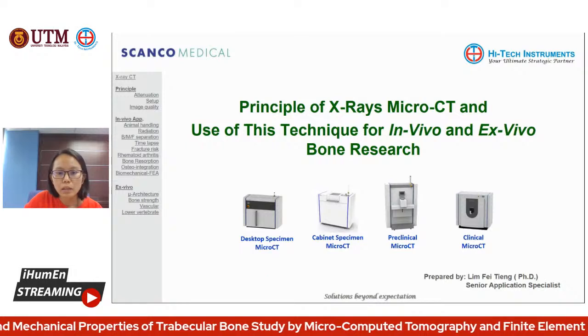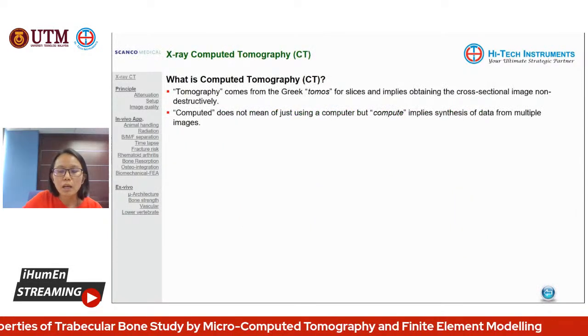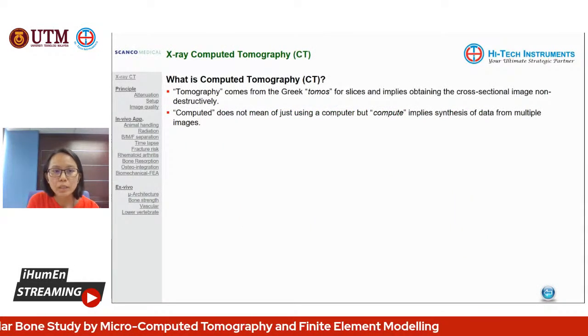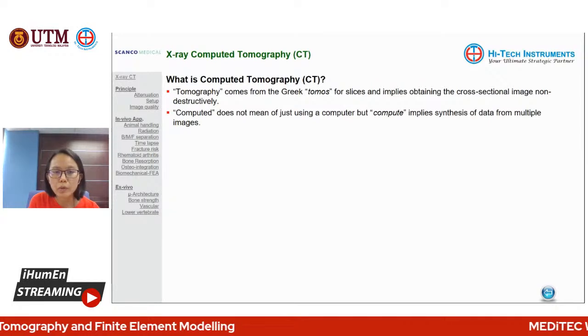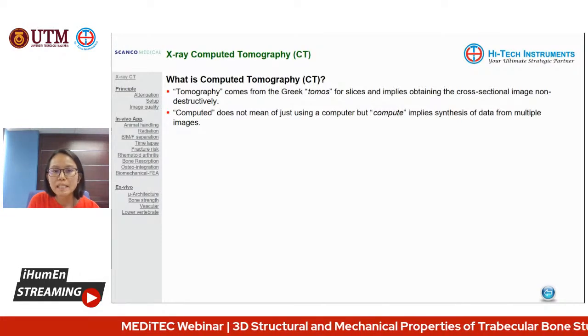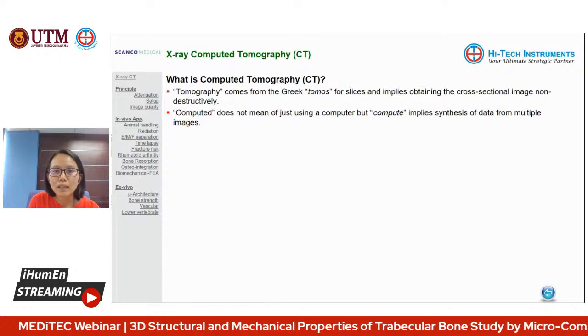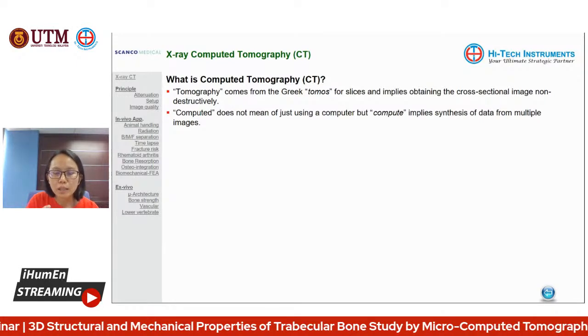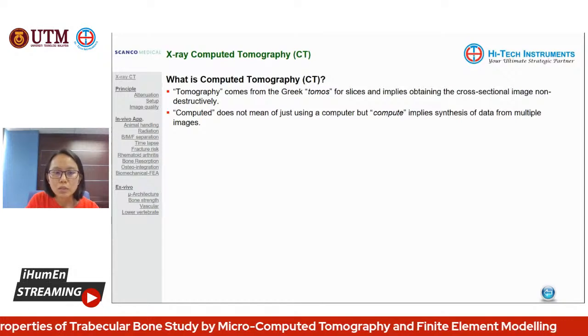So let's move to a general introduction of what is X-ray computed tomography, or what we call a CT. The term tomography came from the Greek word tomos, which means slices, and it implies getting cross-sectional images of an object non-destructively.